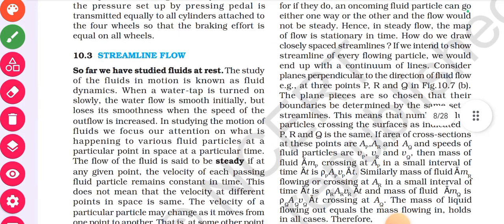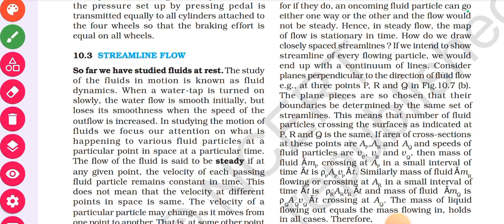Okay, now a very important topic, streamlined flow. So what is a streamlined flow? Basically, you see a flow that is very smooth, on a river or in a pipe. That is called streamlined flow, laminar flow.